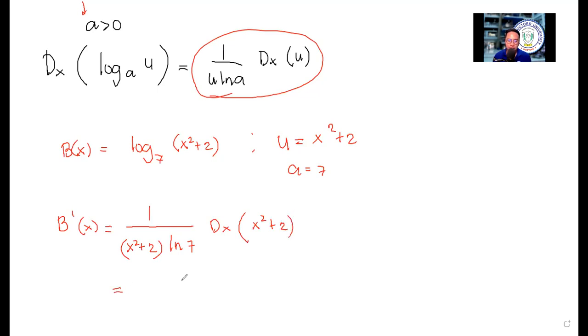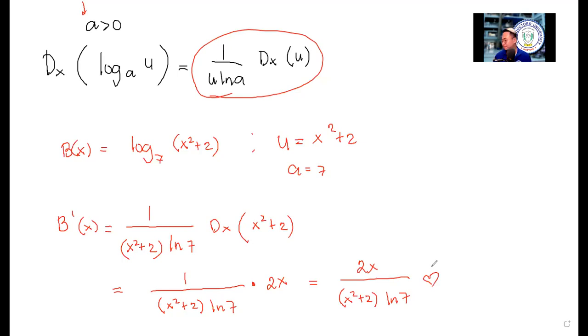So this becomes 1 over x squared plus 2 ln 7 times, what is the derivative of x squared plus 2? 2x, right? So simplifying this becomes 2x over x squared plus 2 ln 7. You're done.